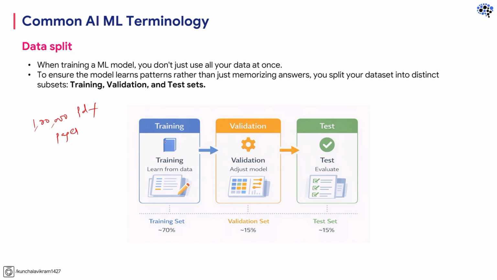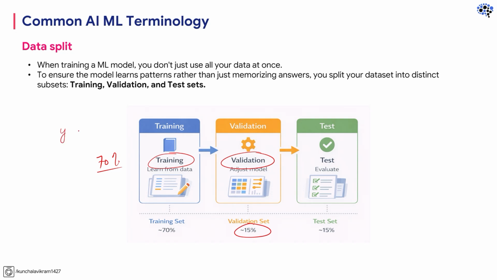So what we can do, in order to make the model a generalized model, is just take 70% of the input data and use it to train it, and the other 15% of the data to validate it. So we feed 70% of the data, and the model will adjust its internal parameters.